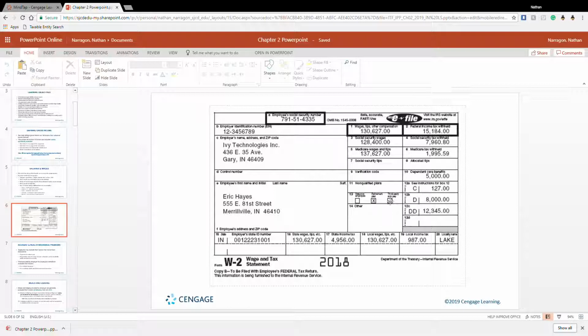We also see on 13, retirement plan is checked, just to show that there is a retirement plan, IRA, pension, whatever that is. Here we see that their state is IN, or Indiana. So they're in Indiana, and Indiana apparently has a state income tax.